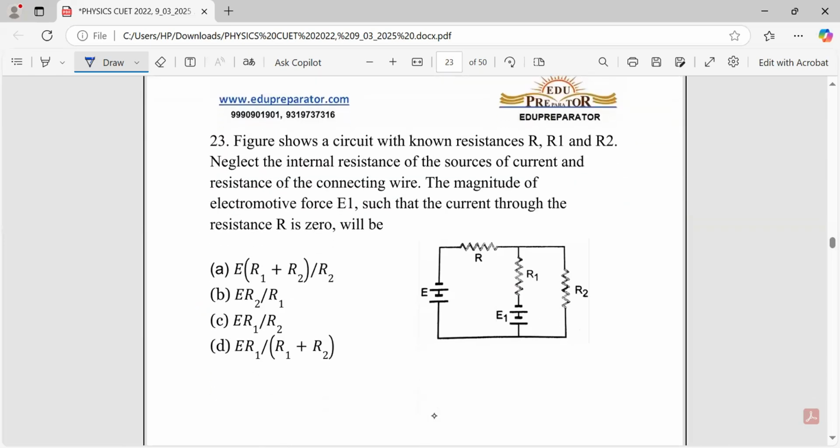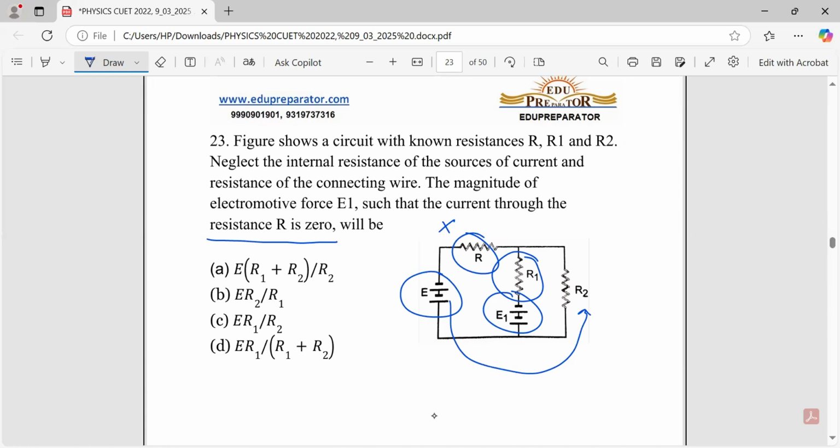Let us move to question number 23. Question number 23 is based on the series parallel concept along with current and potentials. He says there is no current flowing through the resistance R. It means there is no current flowing in this part. So the potential of E should be equal to the potential of this, and these two potentials should be equal.